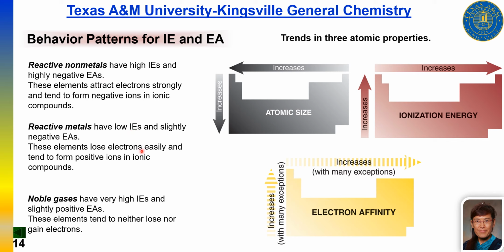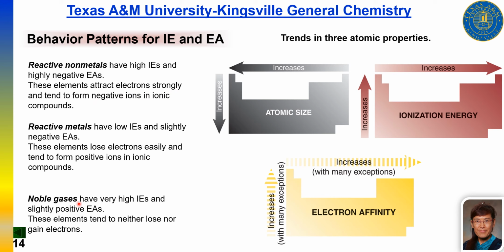Metals lose electrons and form positively charged ions, cations. Your nonmetals, if they are reactive, tend to have high ionization energy and highly negative electron affinity, meaning they love electrons. The element attracts electrons strongly and tends to form negatively charged ions.